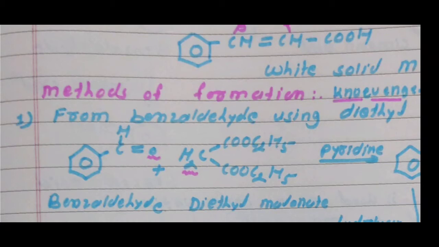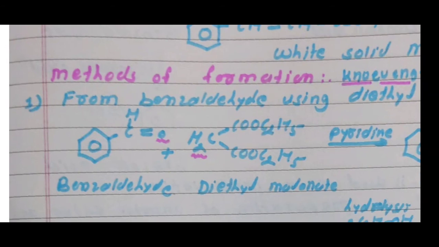When benzaldehyde is condensed with diethyl malonate in pyridine, followed by hydrolysis and decarboxylation, it gives cinnamic acid, and this reaction is known as the Knoevenagel condensation. First we study the structures. A benzene ring containing a CHO group is called benzaldehyde. In diethyl malonate there are two C2H5 groups, therefore diethyl, and malonic acid ester, therefore it is called diethyl malonate.